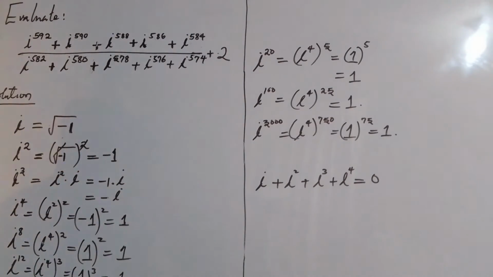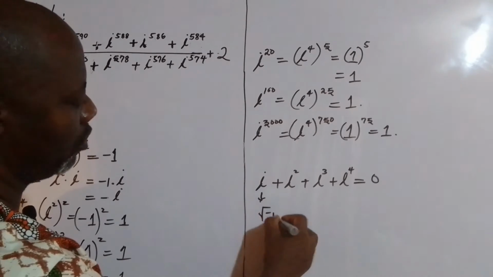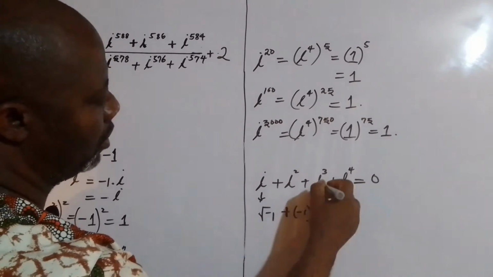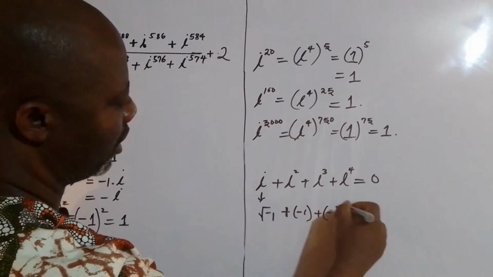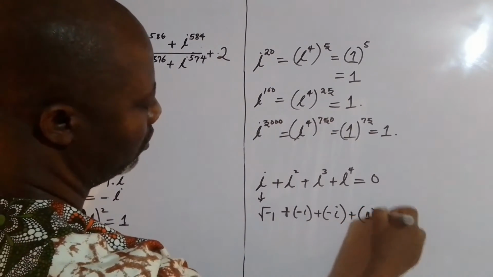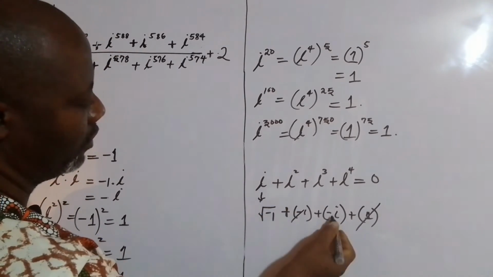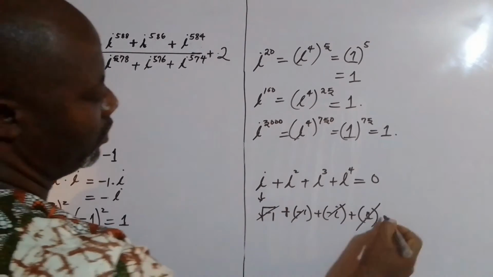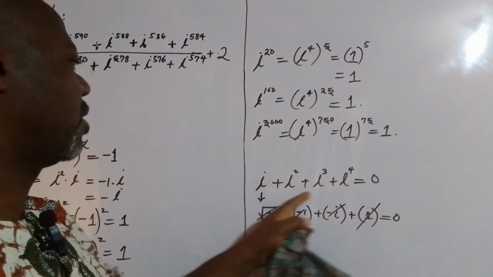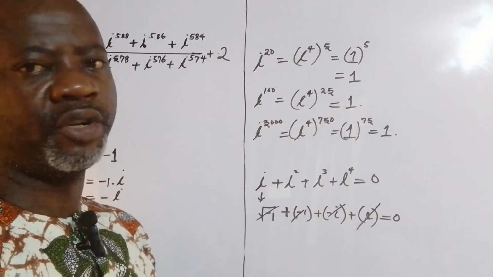What that means is, of course, this is the square root of minus 1, plus minus 1, plus minus i, and then we have a plus 1. This and this will go, and then the others are the same, so the result is 0. So this is very important: when you have consecutive powers of iota, that gives us 0, alright?